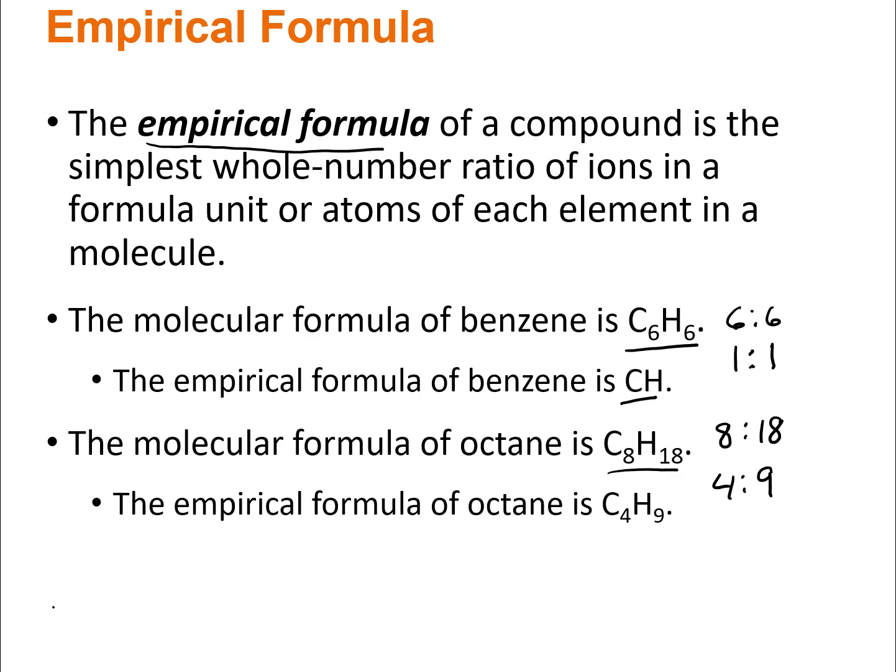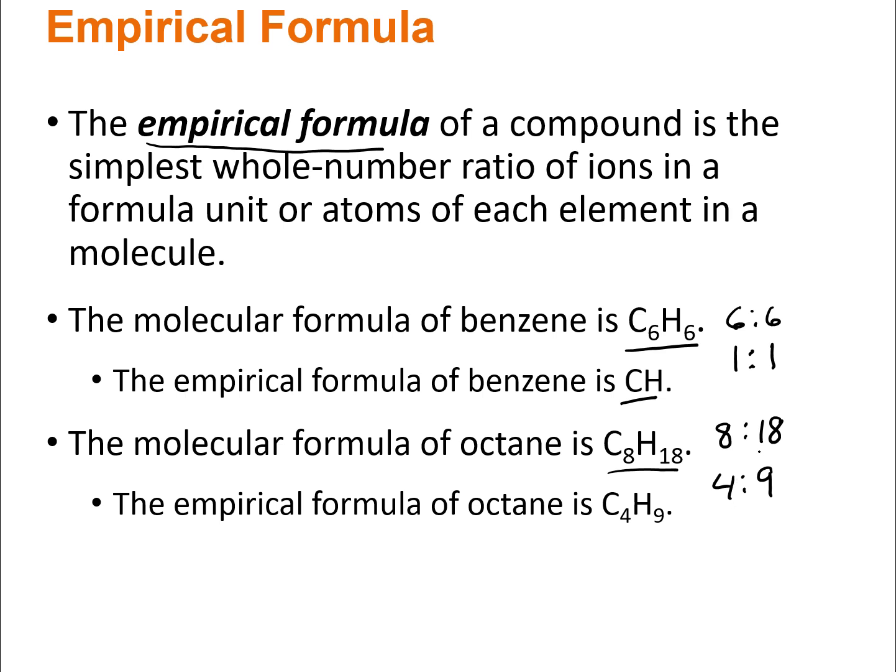Sure, I can repeat that. So the empirical formula is the simplest whole number ratio of atoms or ions in a formula unit or a molecule. If we look at octane, its molecular formula, so what it is in real life, is C8H18. The empirical formula, we're going to reduce those subscripts down as far as we can to get the simplest whole number ratio.